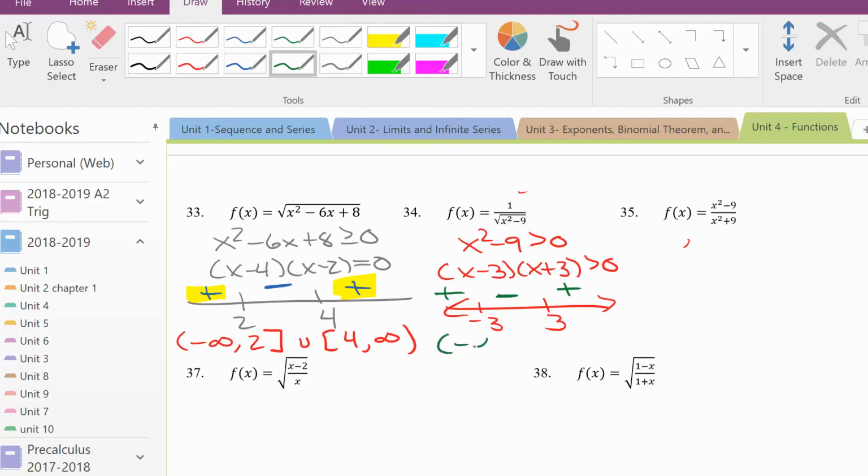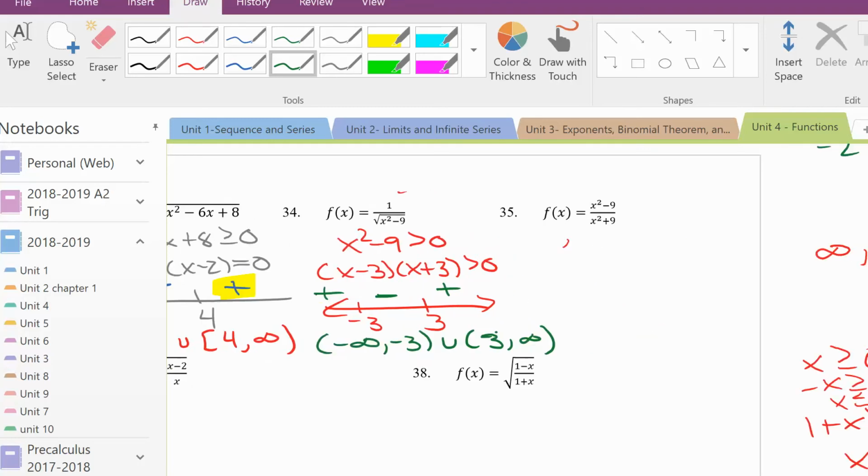So it's going to be from -infinity to -3, union 3 to infinity. And then here, notice there's nothing that can make the denominator equal 0, so the domain is all real numbers.